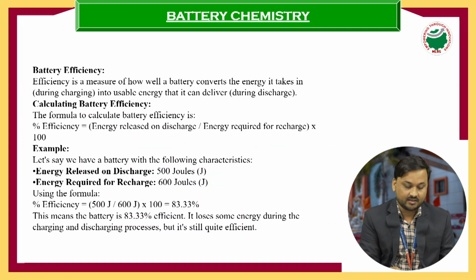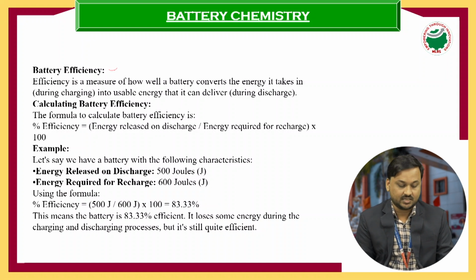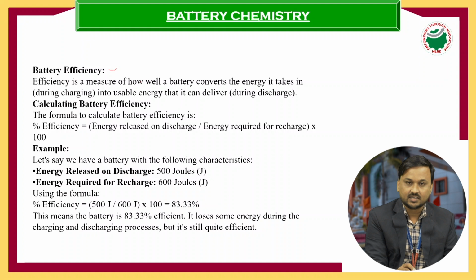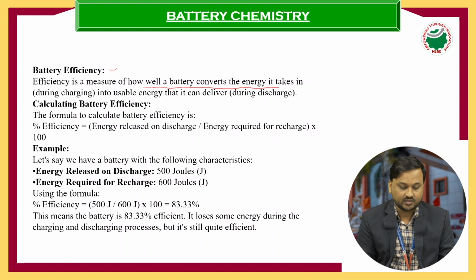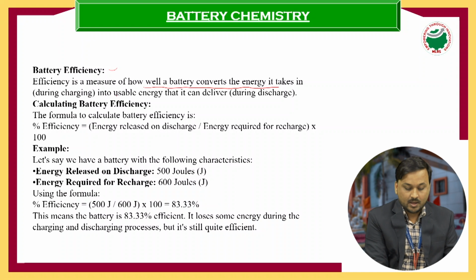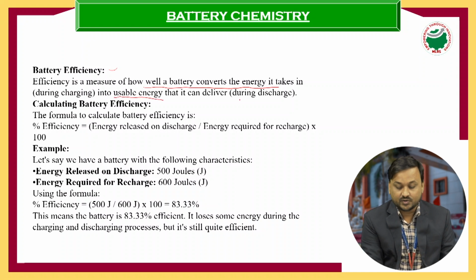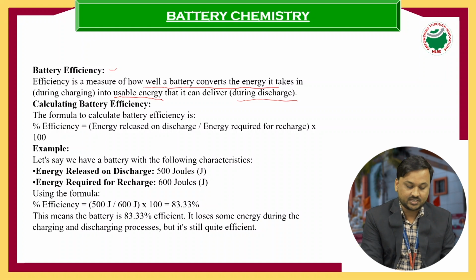Next, what is battery efficiency, and how do we calculate it? Efficiency is the measure of how well a battery converts the energy put in during charging into usable energy delivered during discharge.